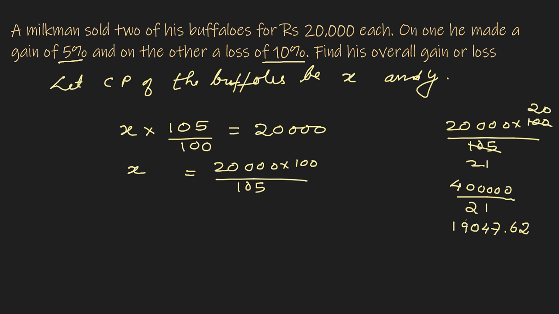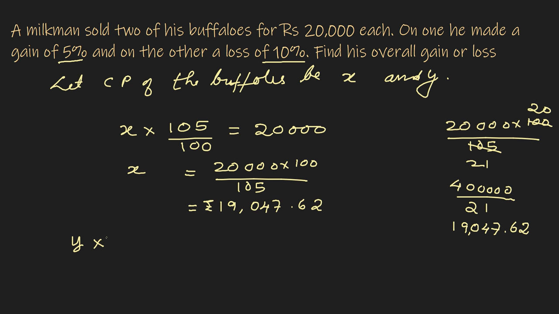While dividing you get 19,047.619, that you can take as 19,047.62. So the cost price of the first buffalo you can take as rupees 19,047.62.